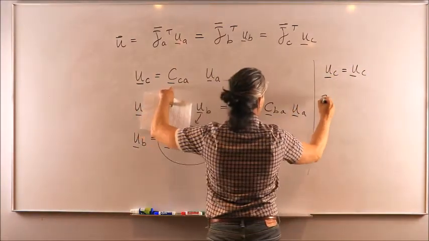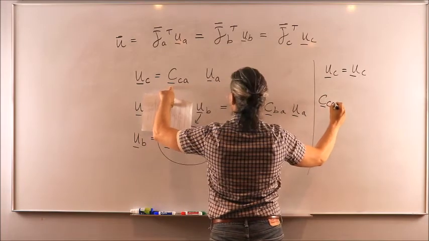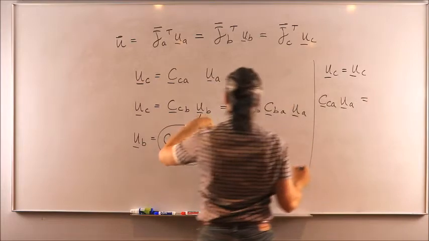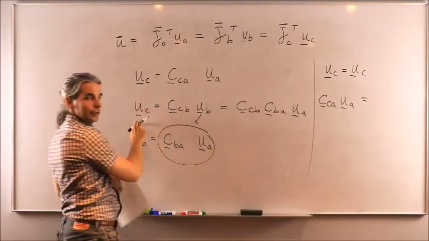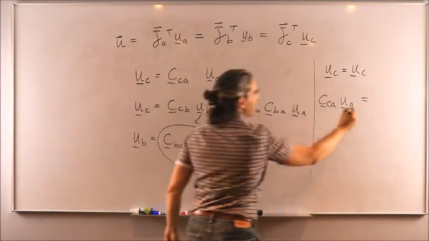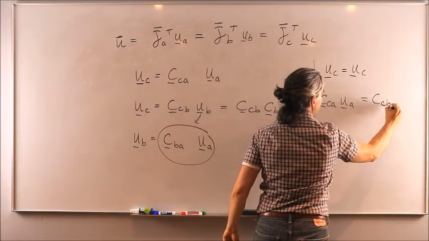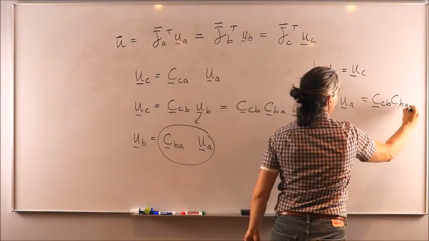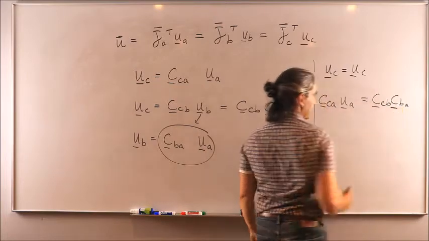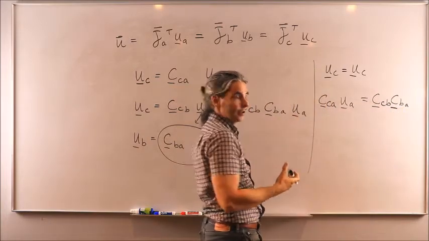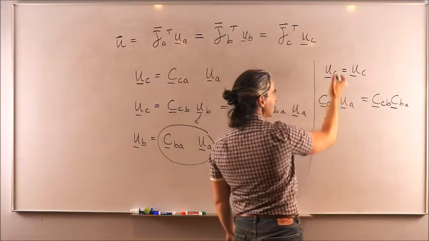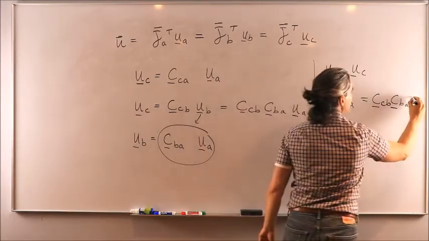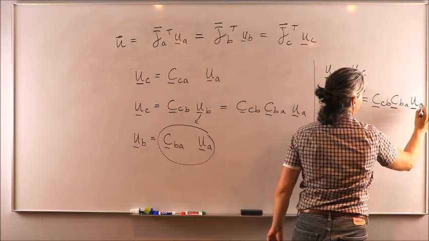Here we have CCA times UA equal to that expression for UC, the longer one, which is CCB times CBA. Don't forget the underline notation because those are all matrices. The C's are 3x3 matrices and the U's are 3x1, obviously, times UA, like that.